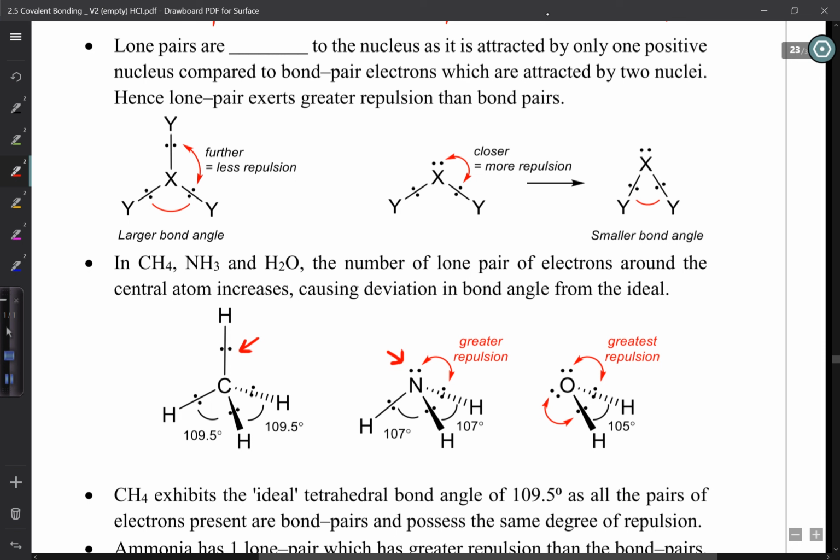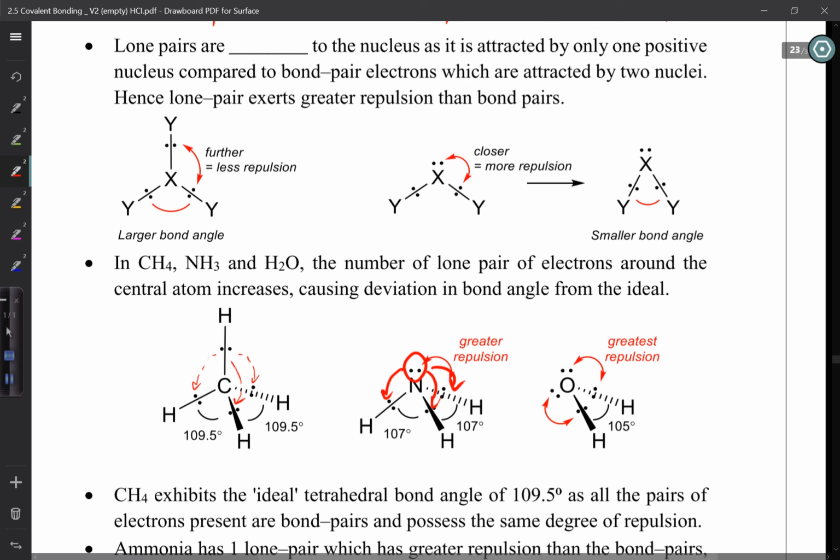Compared to this case, this lone pair, is it shared with anybody? No, so it is held onto nitrogen itself. So since electrons repel, this lone pair, which is closer towards nitrogen, will exert greater repulsion on these 3 bond pairs. Whereas for this case, since it's further away from this atom, it exerts a weaker repulsion on these 3 bond pairs.